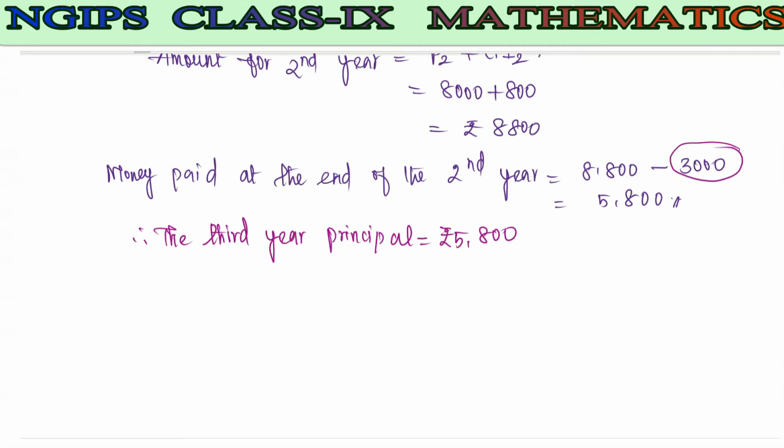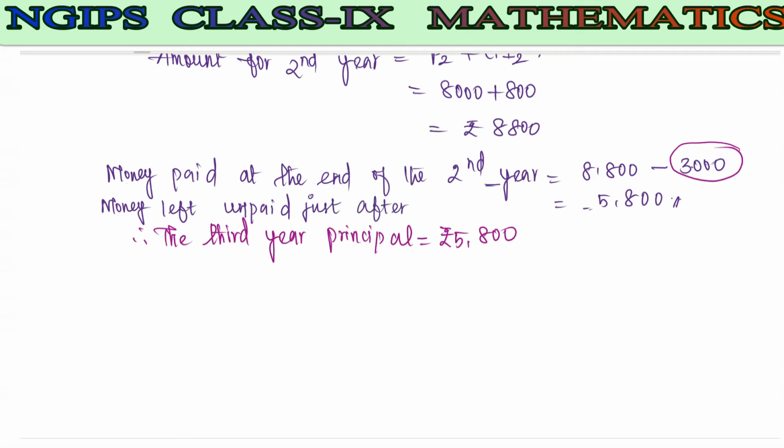So in this, the money paid at the end of the second year is 3,000 rupees. From 8,800 if you subtract 3,000 rupees, this is the leftover amount we have to pay to clear the debt. So this is the money left unpaid just after the second year.